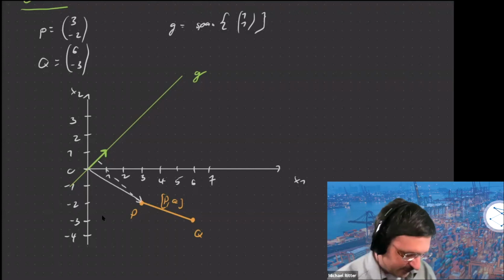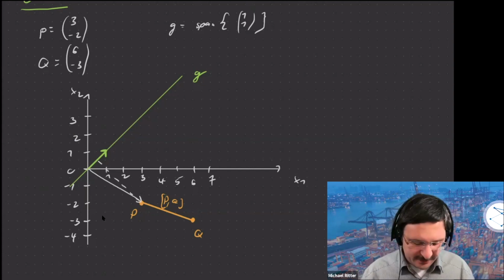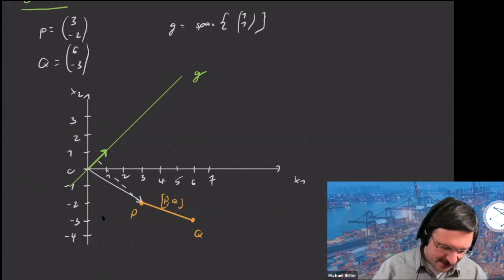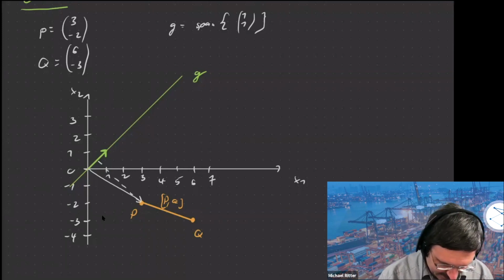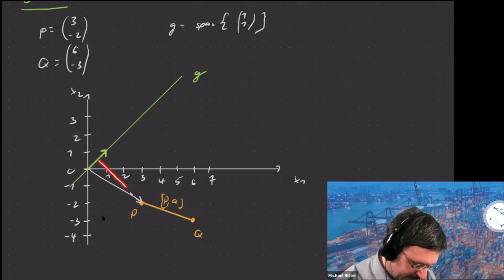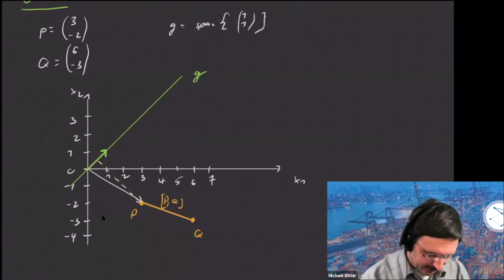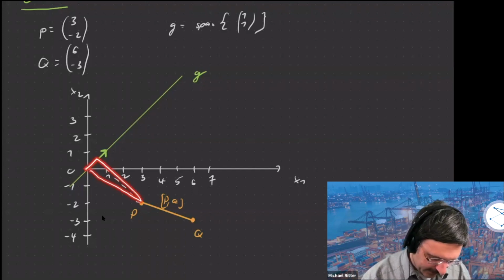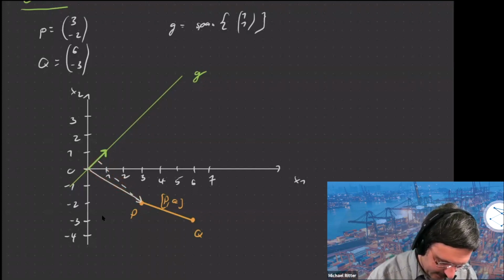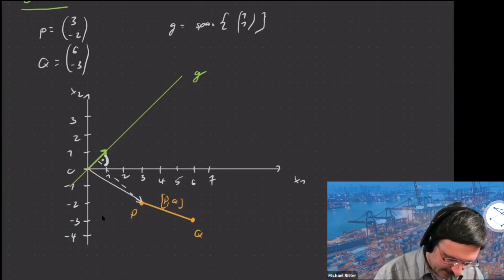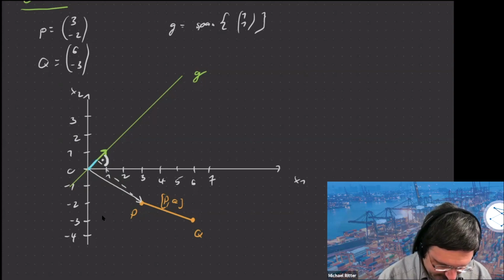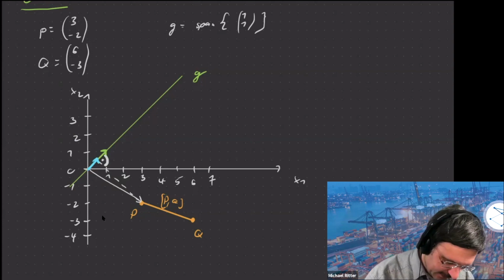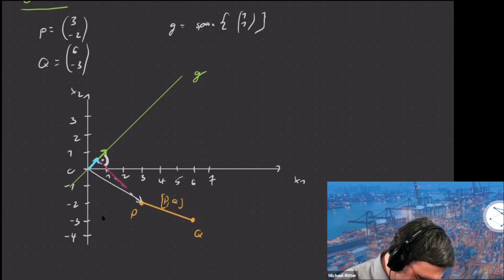If this here is the vector P, the vector that points to this point P in our system, we want to decompose that into a part that is orthogonal and a part that is on G. And we can do this by simply drawing this triangle here, where this line here is orthogonal to G. And then the part that is parallel to G is this one. So you can write this vector as this blue part plus this red part here.